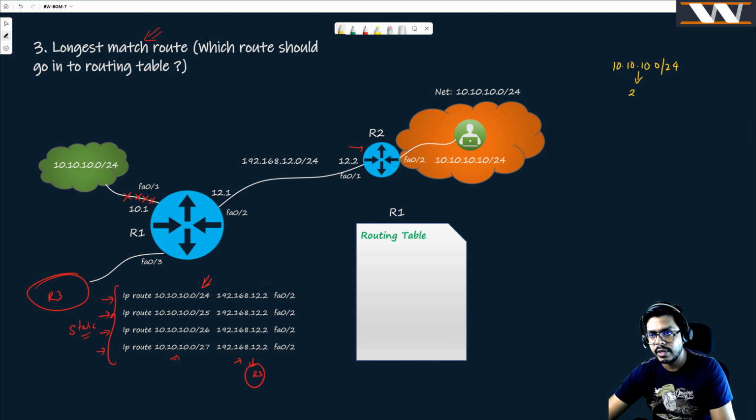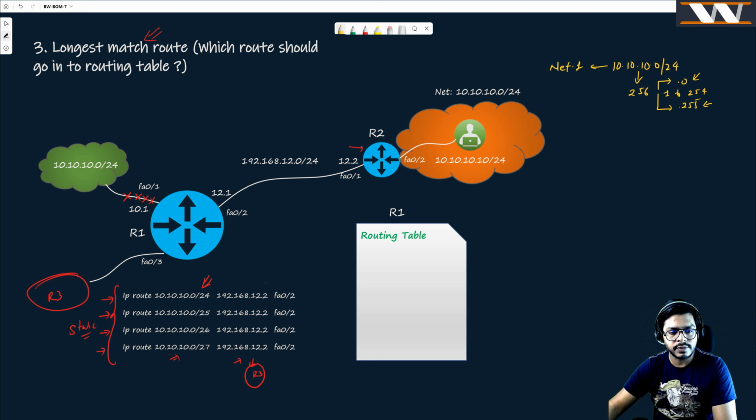It contains 256 hosts. The first IP address is .0 and the last IP address is .255, and there is a range of IP addresses between them, which is .1 to .254. .0 is your network number, .255 is your broadcast number, right? This is my network number 1 here, this one, right?